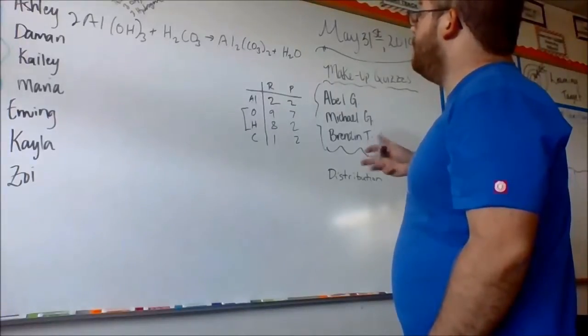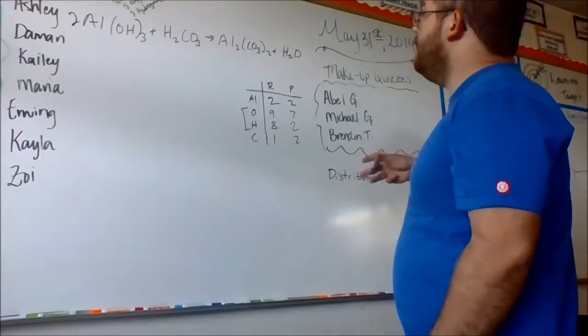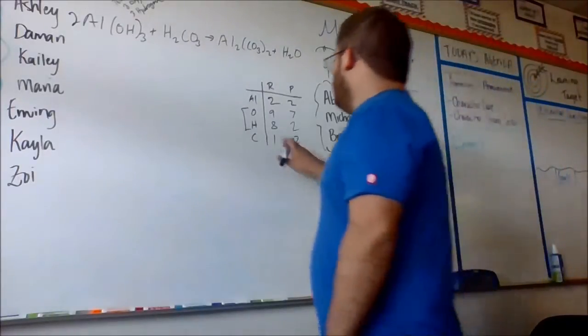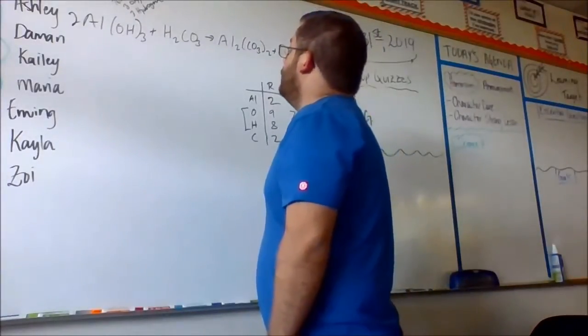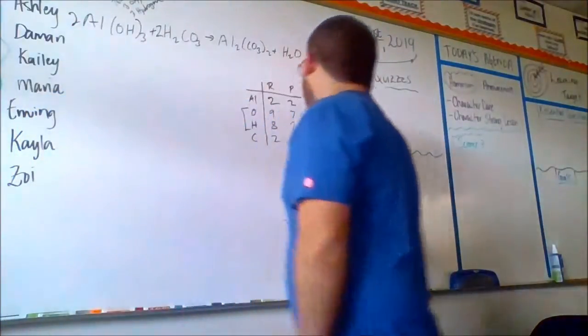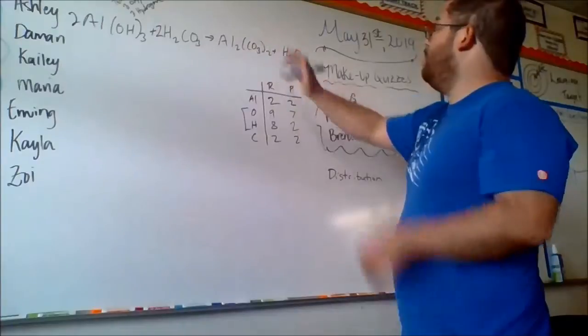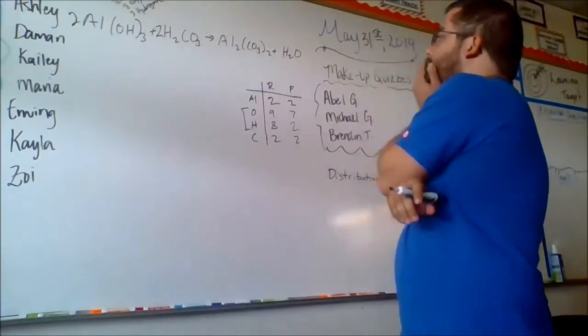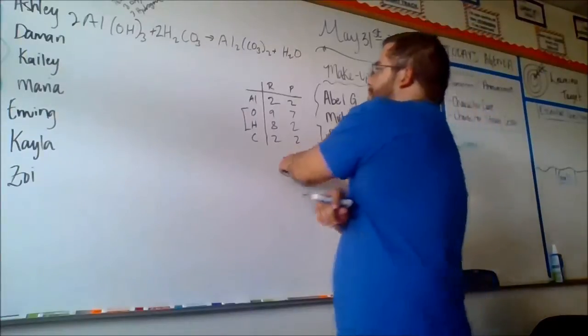Let's try balancing carbon next. This is going to be interesting. So let's make carbon a 2. In order to do that, you got to put a 2 there. But that changes this whole dynamic right here. So you put a 2 there. Carbon's now 2.